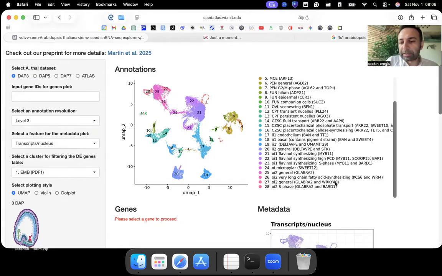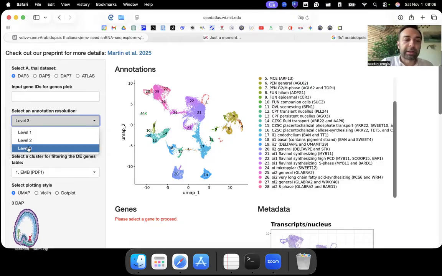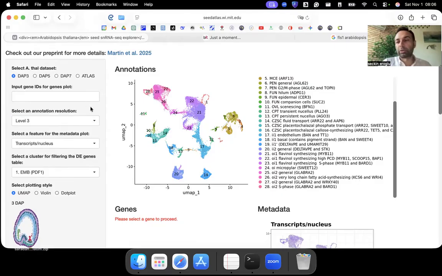For example, this one is known to be expressed in OE2, this one is known to be expressed in OE2, and this one is known to be expressed in OE2, but we already know they have slightly different expression localizations and patterns. And using these genes as marker genes, we can have a level 3 resolution.